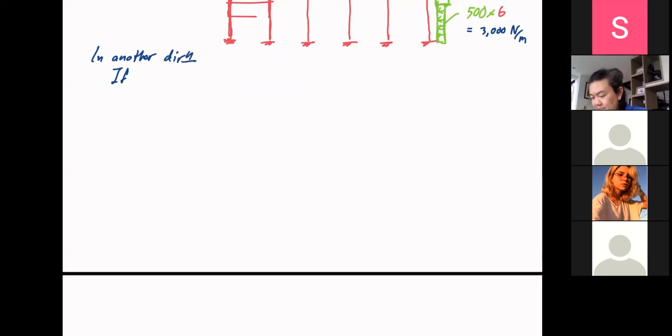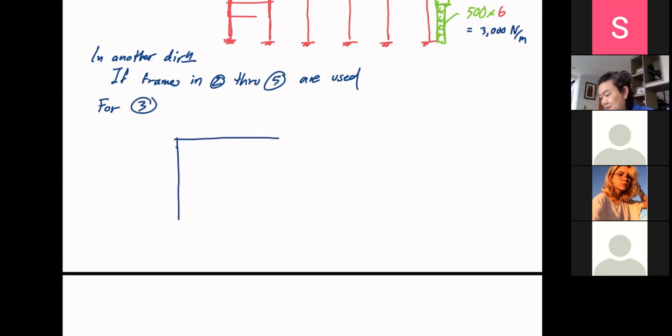Okay, if frames 2 through 5 are used, now for the frame in grid number 3, let us go ahead and calculate the wind load.